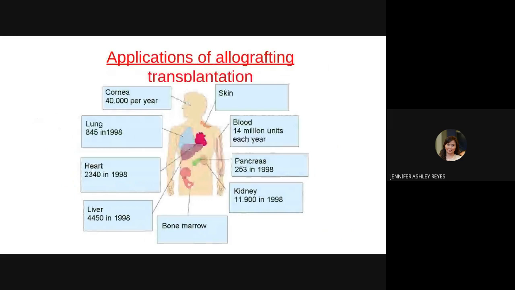So in addition to the solid organs, there are also a variety of organs that are being transplanted aside from yung mga vital organs like liver, kidneys, ganon. And the rejection reaction against some minor solid organs is not as vigorous as what we would expect from the degree of HLA disparity.